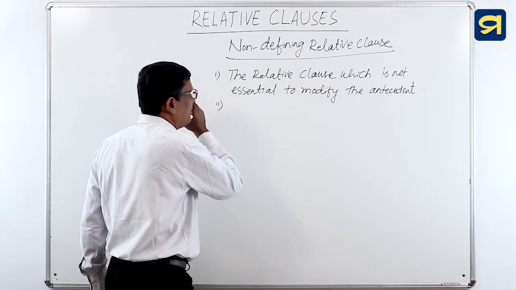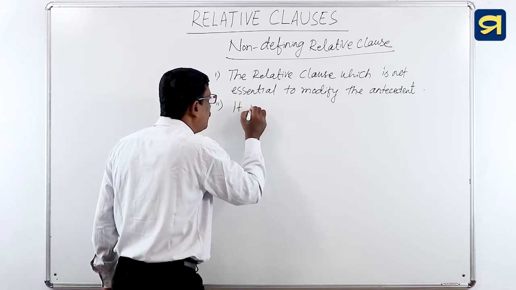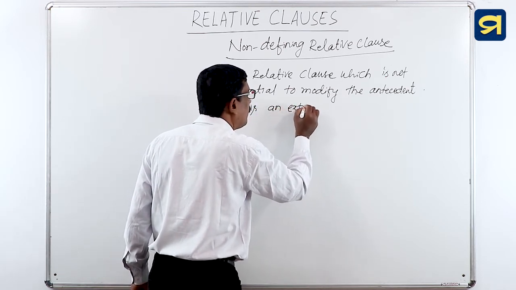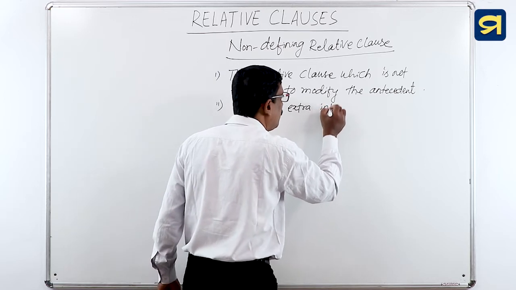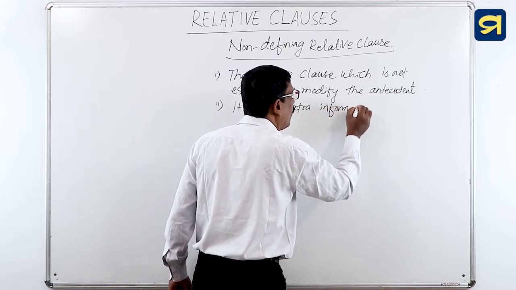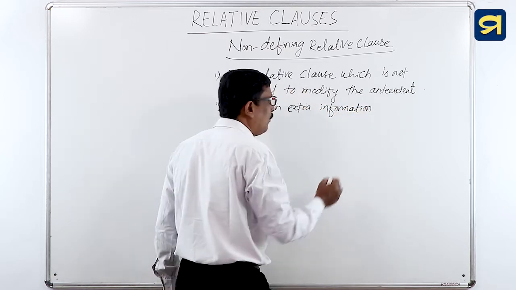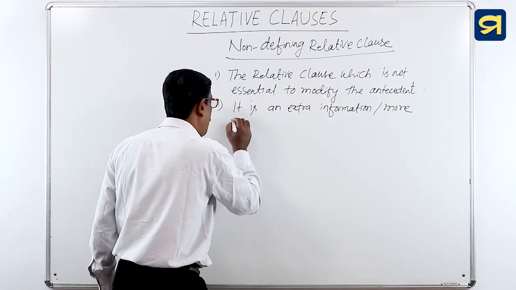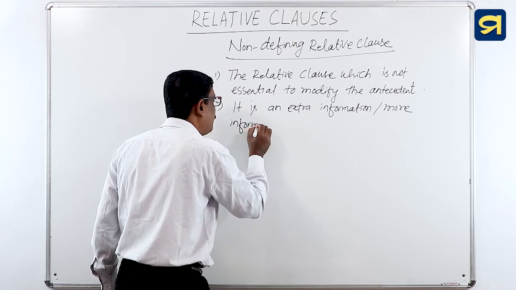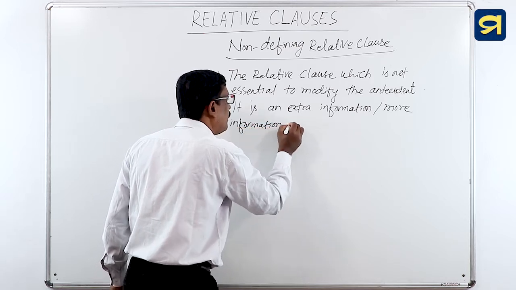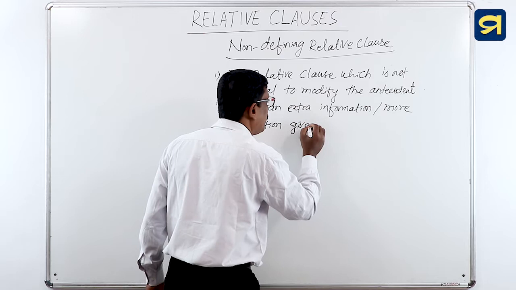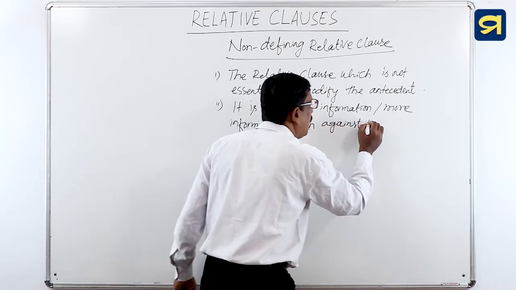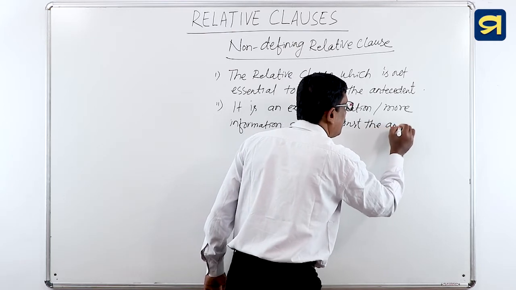Number 2, it is an extra information or more information given about the antecedent.